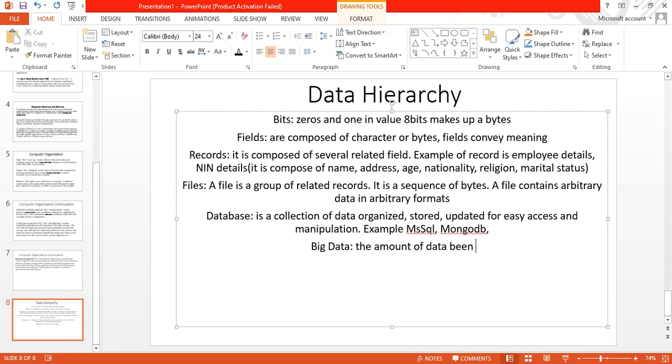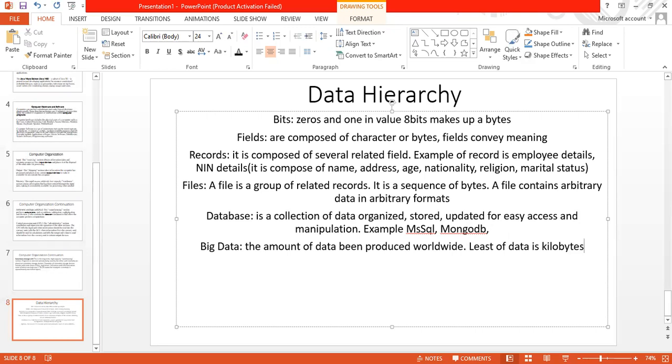So the list of these big data units begins with the kilobyte. The list of data is kilobytes.